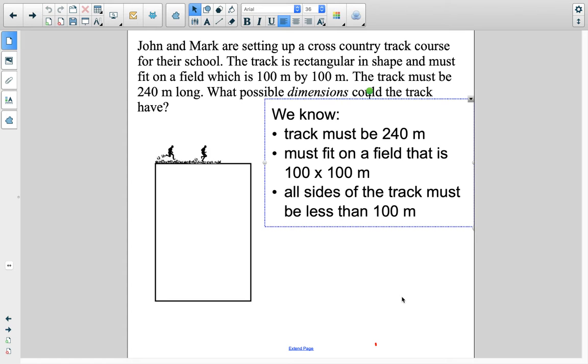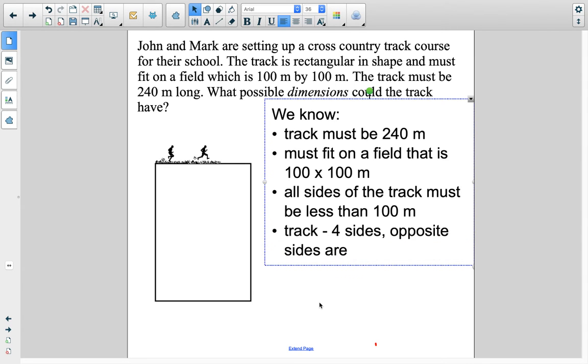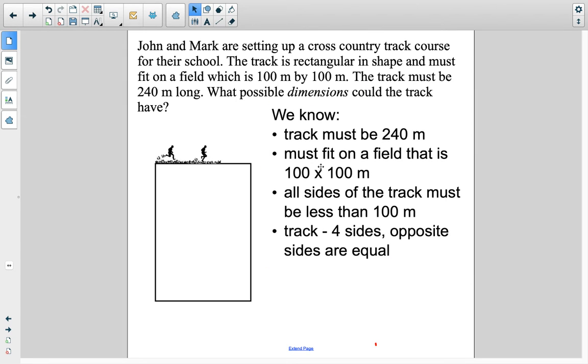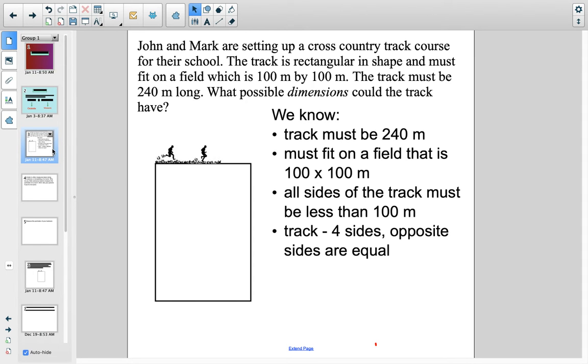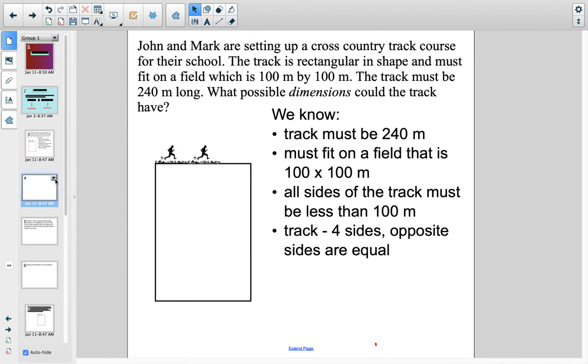The other thing we know, remember from the other day when we did definitions of shapes, we looked at what a rectangle is. The track has four sides, and opposite sides are of equal length, right? So there's got to be two sides that are the same length and two sides that are the same length. The opposing sides have got to be equal length.